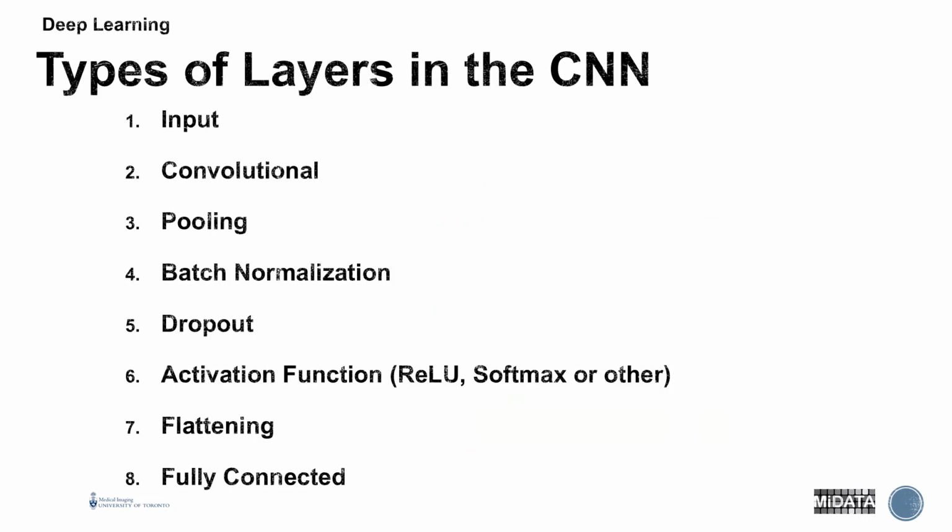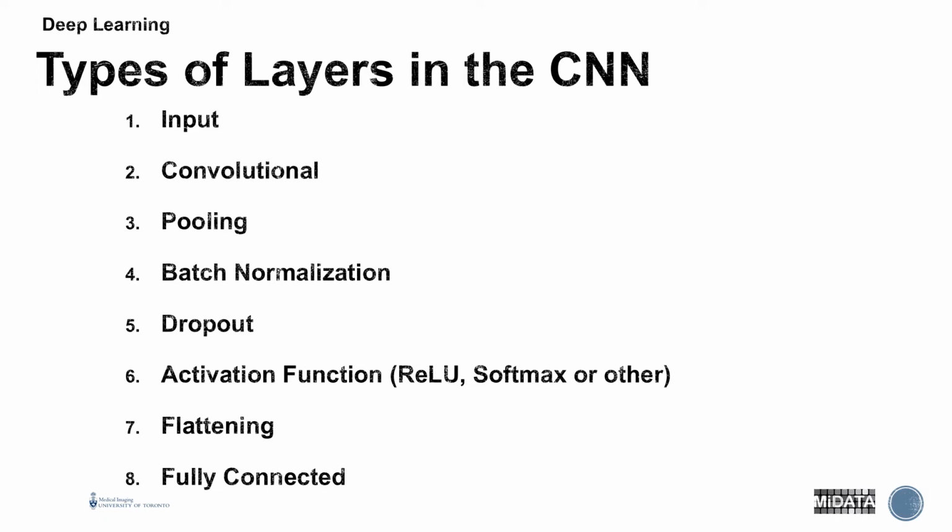Now, probably the best example of deep learning architecture is the convolutional neural network, which is what you use in order to develop a computer vision algorithm. Convolutional neural networks are made up of many, many layers. That's the whole point of deep learning. And those layers come in many categories.